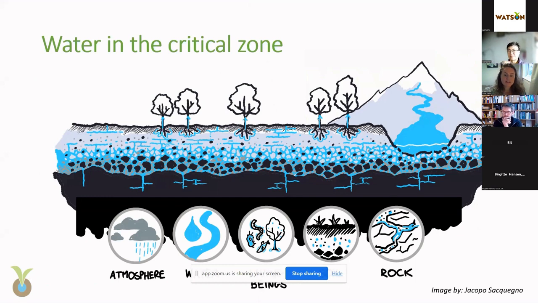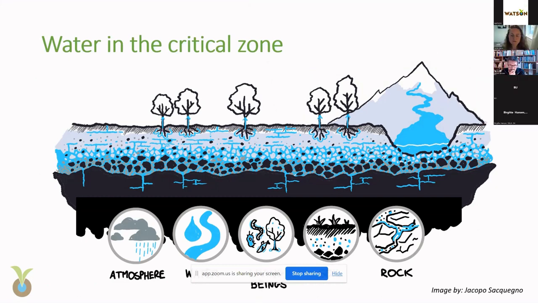And water affects almost all processes in this critical zone, as we refer to that environment. And this includes interactions between the atmosphere, living beings, soil, and rock. And many environmental and water management challenges that are being faced today are dependent on water sources, the pathways this water takes, and also the age of water.